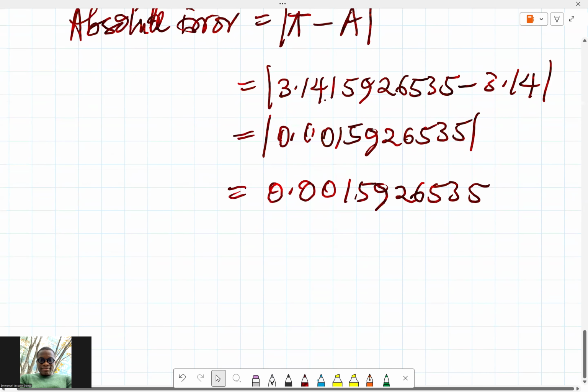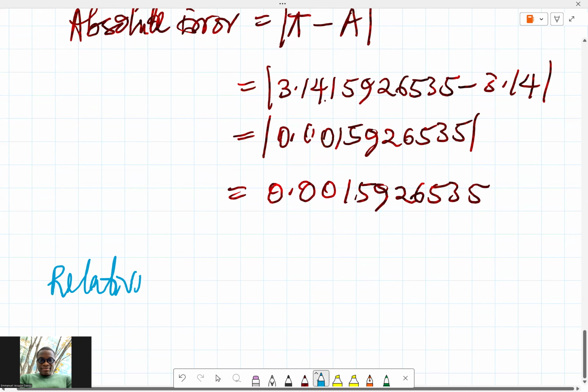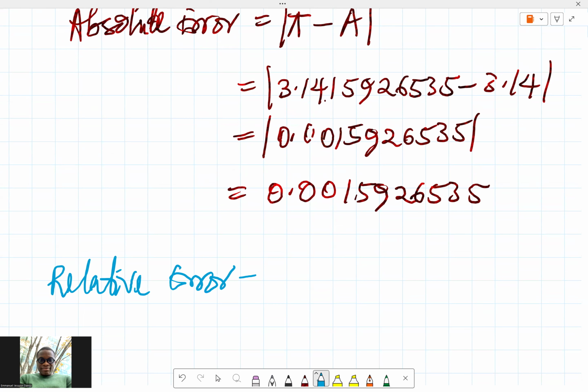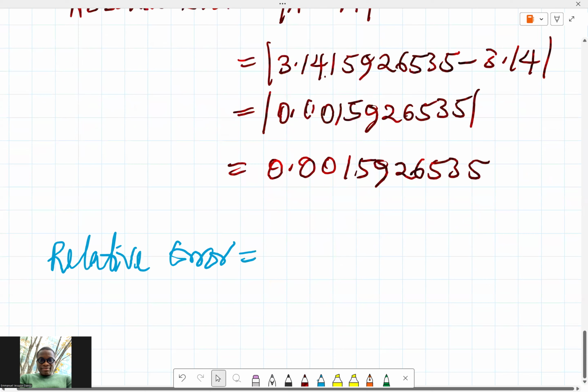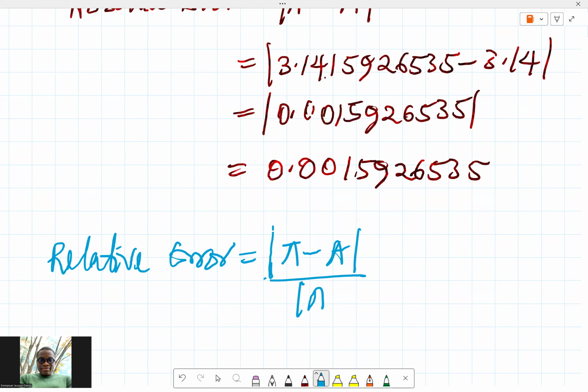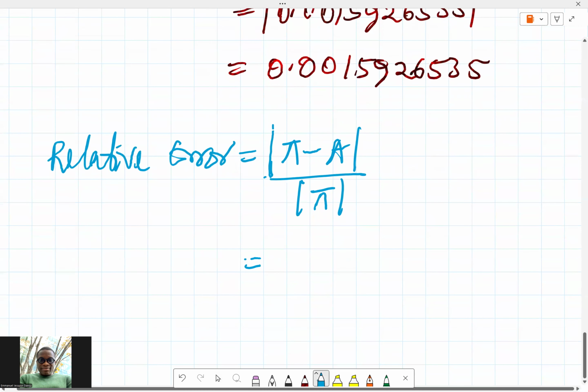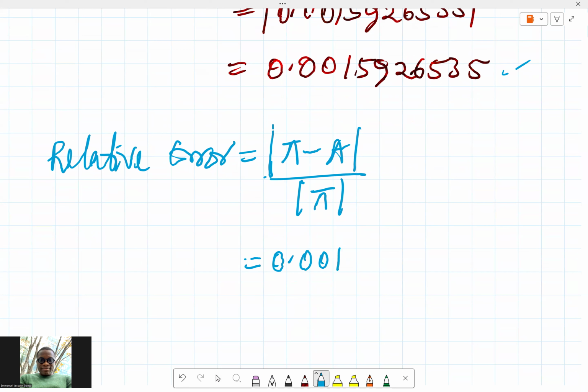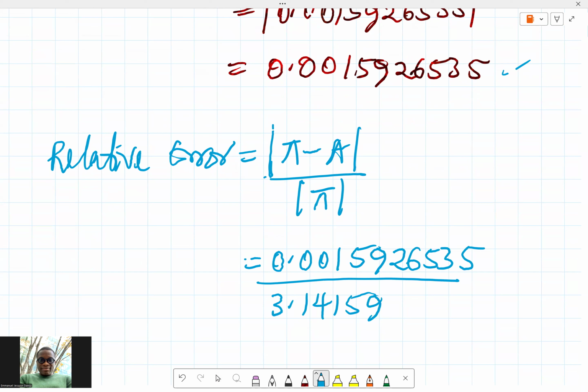So what about the relative error? Here the relative error would be the absolute value of pi minus A, which is what we've got here already, 0.0015926535, divided by the absolute value of the original pi, 3.1415926535.